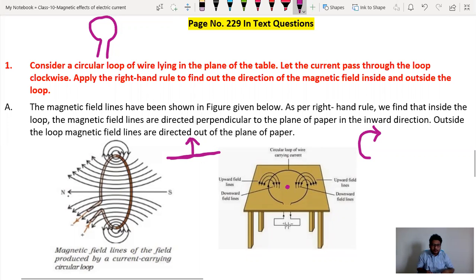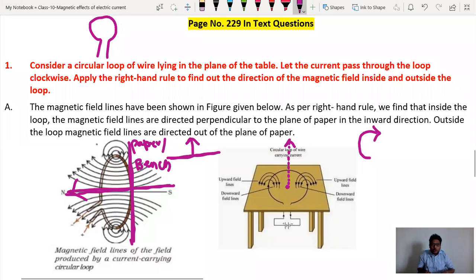Here you can observe. If this line is the paper or bench, this should be the magnetic field line, isn't it? So this magnetic field line will be perpendicular to the bench, that is in the middle.